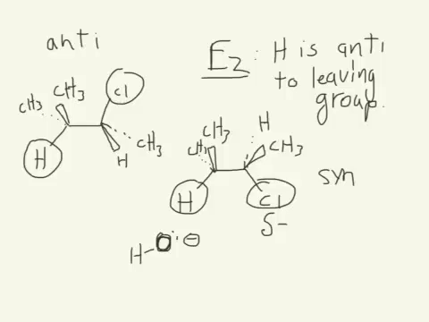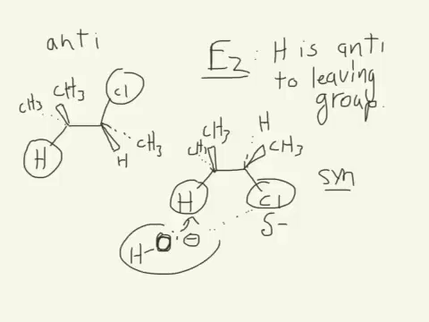Let's look at the interactions going on when elimination tries to happen when the molecule's in the syn position. The base comes in, and the base is usually going to have a negative charge. When it takes off the hydrogen, it's going to have to get pretty close to the leaving group. And the leaving group, as the base comes in, becomes more and more negatively charged.